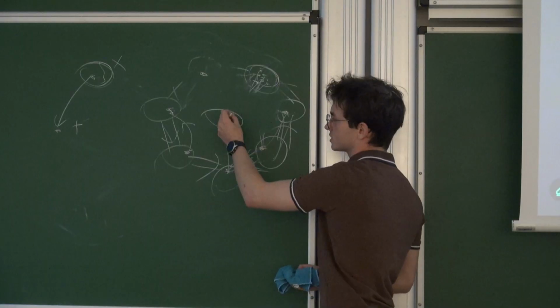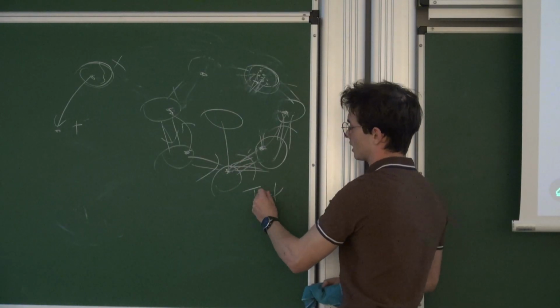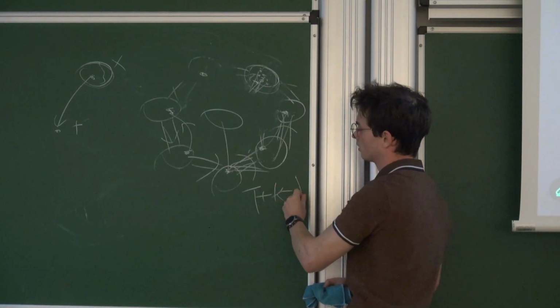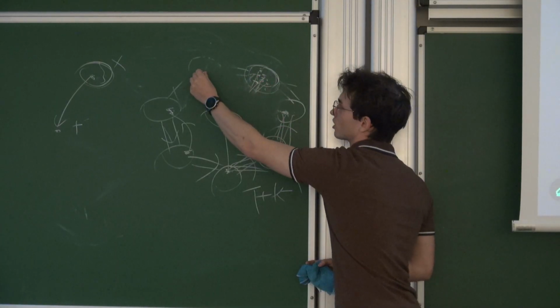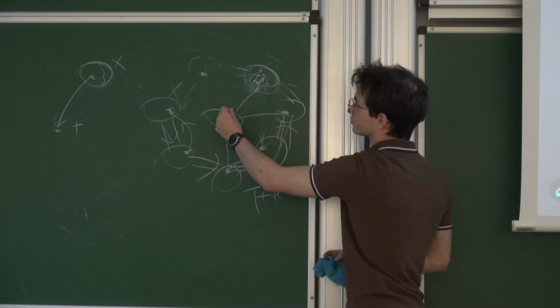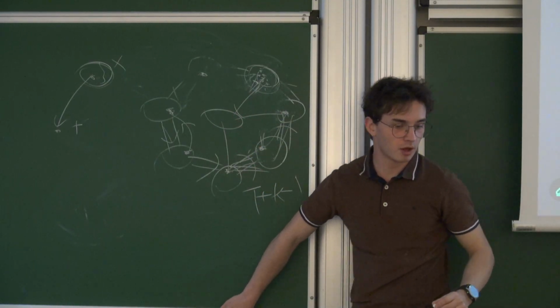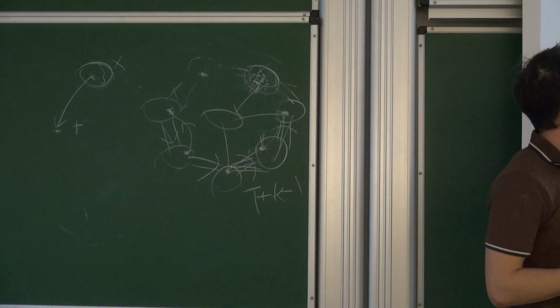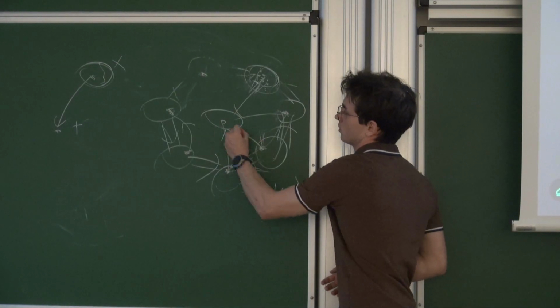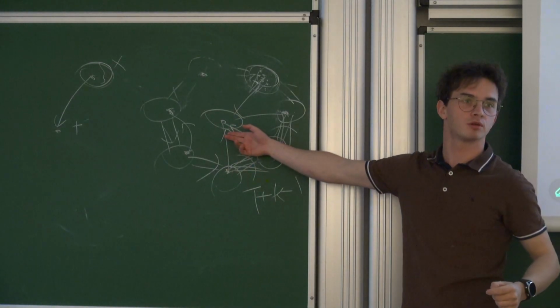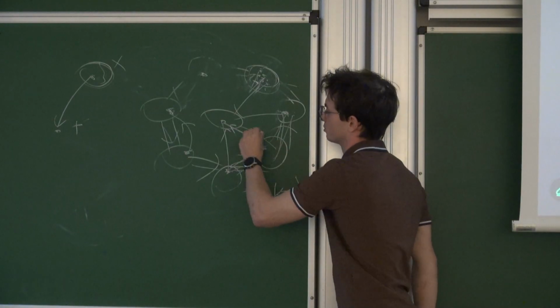Therefore, there must be at least t plus k minus 1 edges from these special vertices we chose to the trash set. Using some pigeonhole principle, we simply show that, right, because a few vertices must get 2 edges going in. A few vertices must have 2 in-pointing blobs.